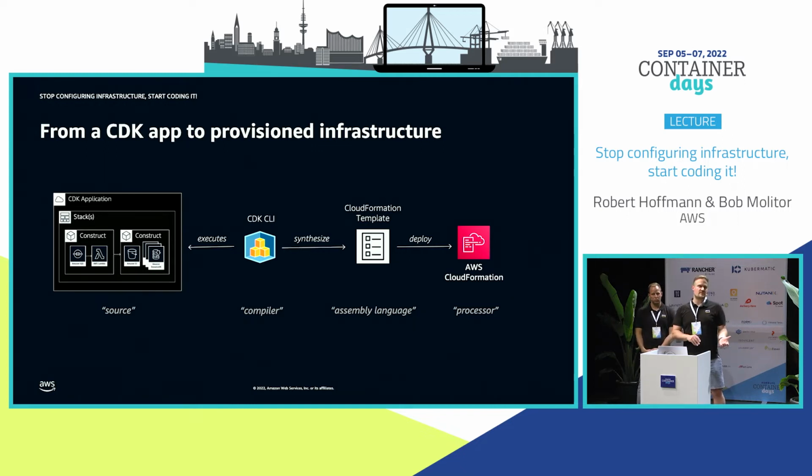And if you would use the CDK for Kubernetes, instead you would get Kubernetes YAML. But again, the good part is you didn't have to write it. CDK did that for you. And that's what we sometimes call the assembly language. So there's basically a step in between where CDK produces those configuration artifacts, and then you can apply them as you see fit.